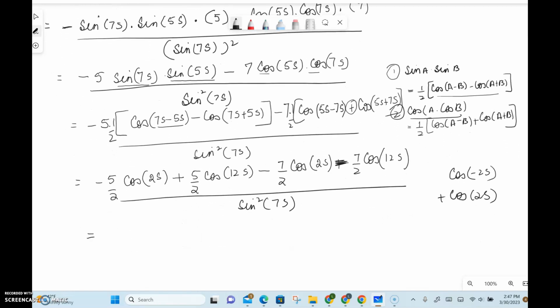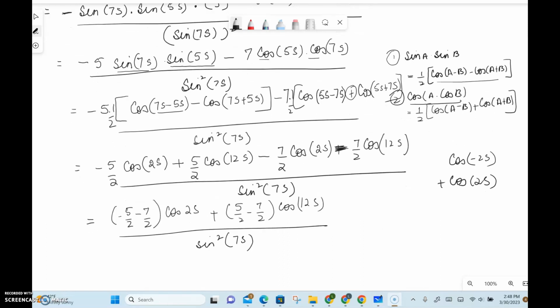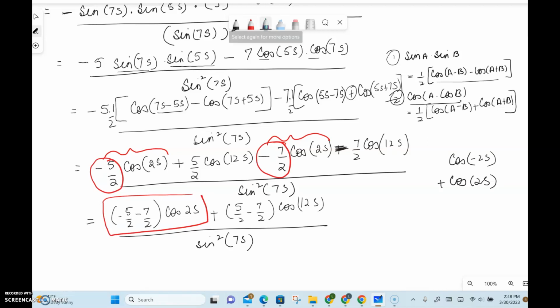Now that's equal to, so what I've done here is combined this term and this term, and this is what I get, negative 5/2, negative 7/2, and then I combine this term with this term, so I get 5/2 minus 7/2 cosine of 12s.